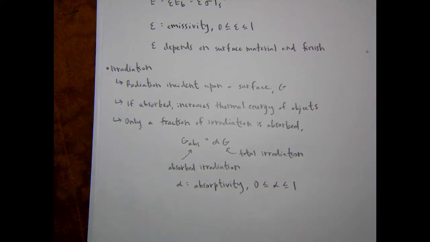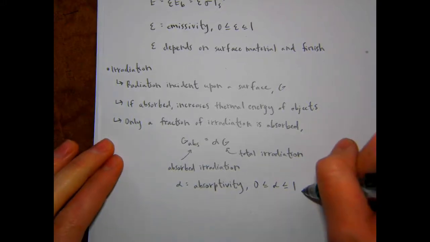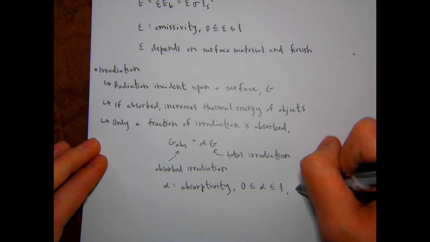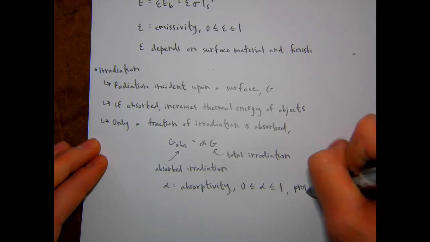It's basically either all transmitted or reflected. And if it's 1, it's a perfect absorber, so a black body. So it's absorbing all the radiation that's incident upon it. And just like with emissivity, this is a property of the surface.